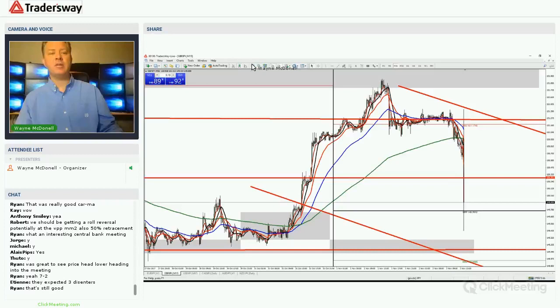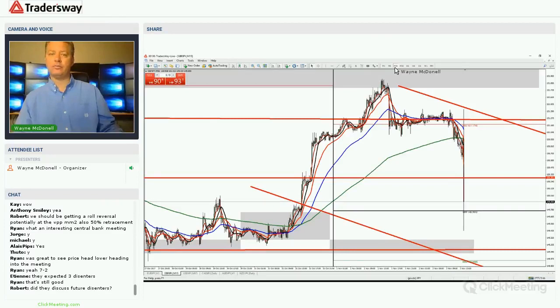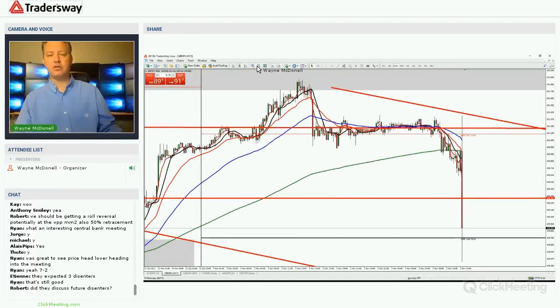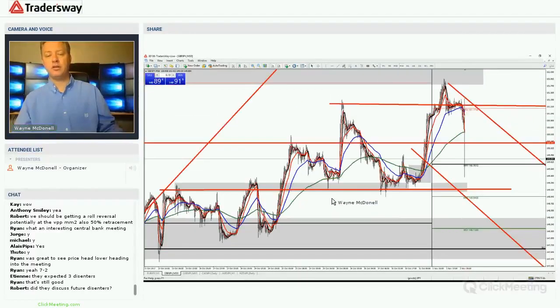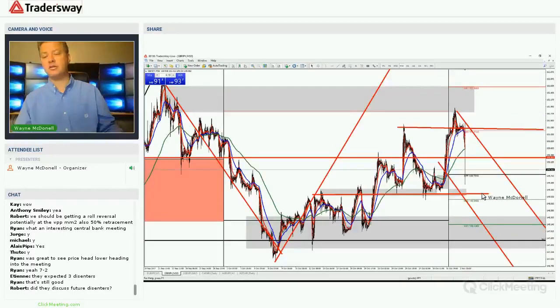But then I need to make sure not too low, because I don't make a habit of buying downtrends. So how do I keep this bullish? This is my line in the sand. Now, is an M2 central pivot point an okay place to buy if I'm a bull?